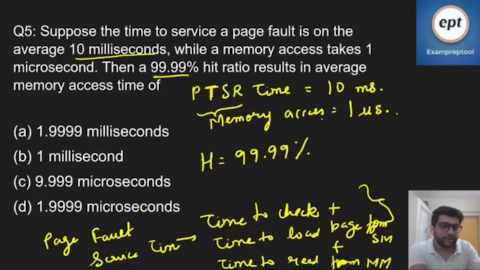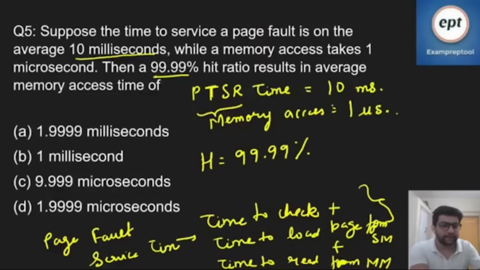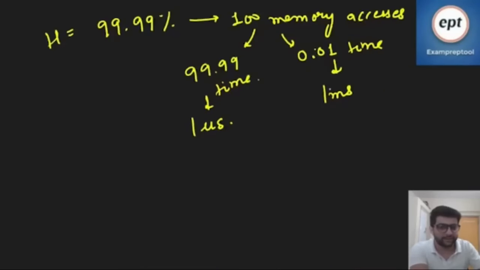It is equal to the memory access time, which equals 1 microsecond. And for the remaining 0.01 times, it took around 10 milliseconds.